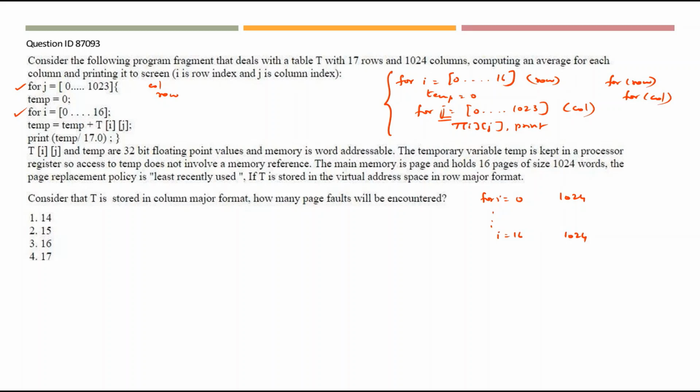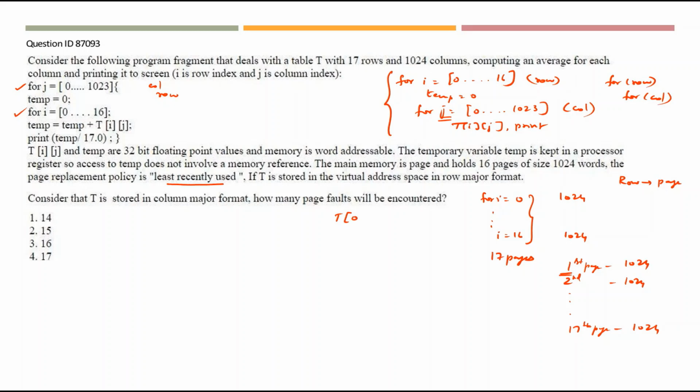As we already saw, each row takes one page. How many pages are referenced here? 17 pages are referenced. When I take my first page, I take 1024 elements. When I refer to the second page, 1024. Similarly, in my 17th page, I take the last 1024 elements.